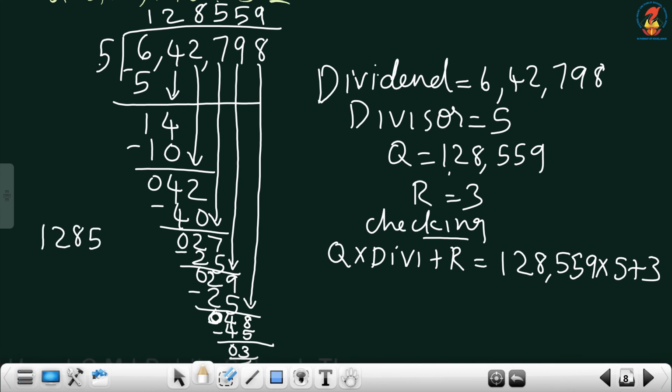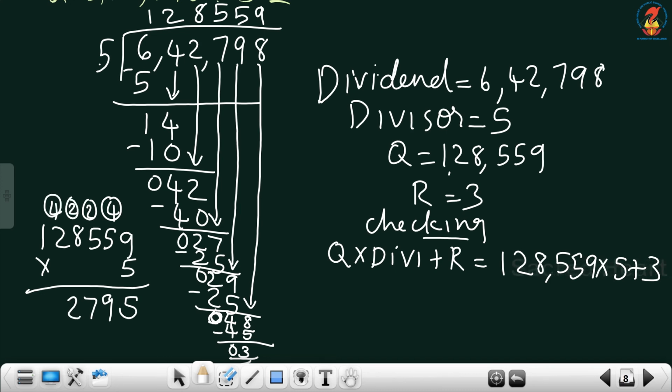Then 1,28,559 into 5. 9 5s are 45, 4. 5 5s are 25 plus 4, 29, 2. 5 5s are 25 plus 2, 27, 2. 8 5s are 40, 40 plus 2, 42. Then 4. 5 2s are 10, 10 plus 4, 14. 1. 5 1s are 5, 6.